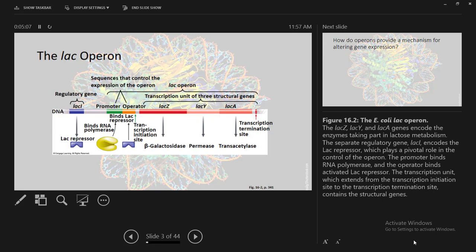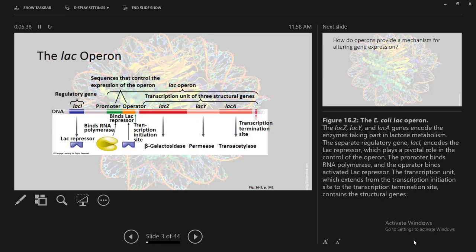And then transacetylase is required to basically prevent the metabolism of other sugars in the presence of lactose. So all three of these genes are associated with metabolizing lactose as a sugar. That's why we call them LacZ, LacY, and LacA. You're like, wow, that's horrible. Why couldn't they have gone in alphabetical order? I don't know. They didn't even go in reverse alphabetical order, because it's LacZ, LacY, LacX, but it goes to LacA.